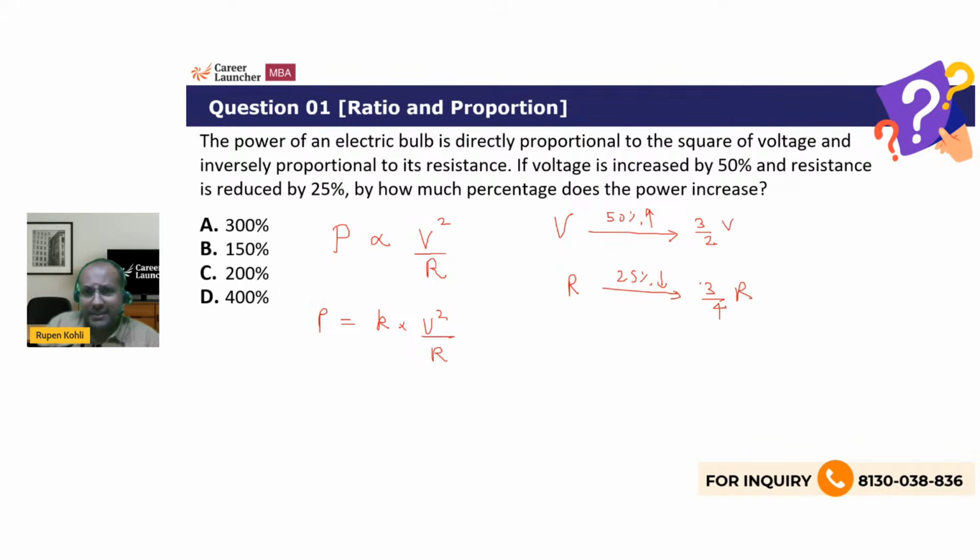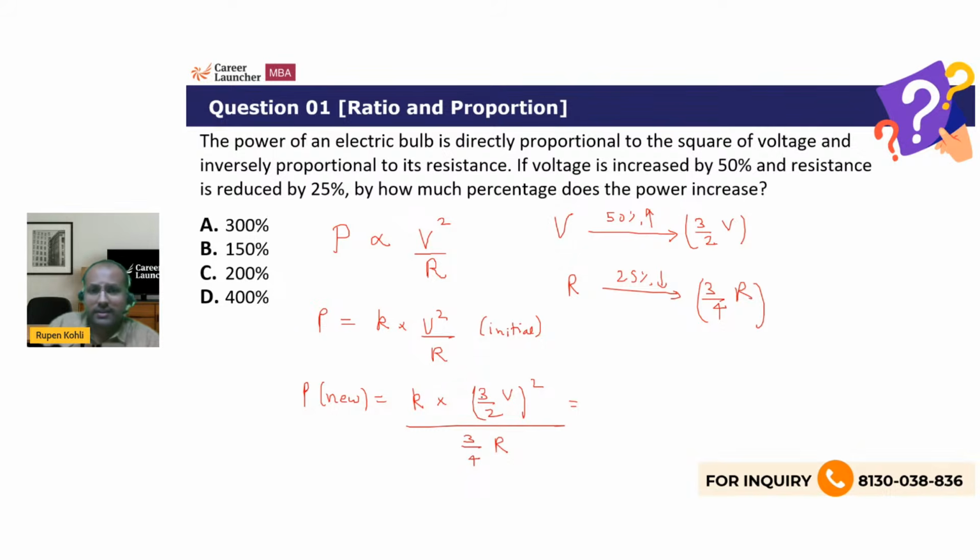Just replace these parameters in the equation. This was the initial value. What is the new value? P new is K into V square, where V is now 3 by 2 V, the whole square, whole upon R, but the new resistance is 3 by 4 of the initial.